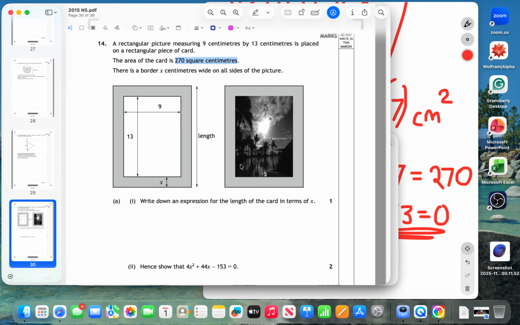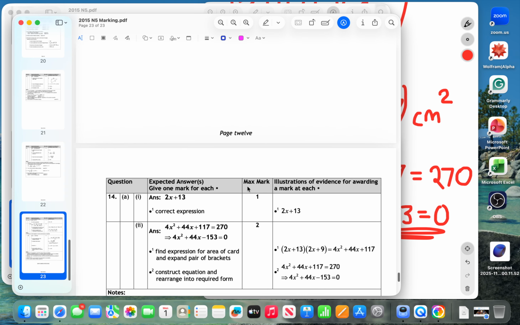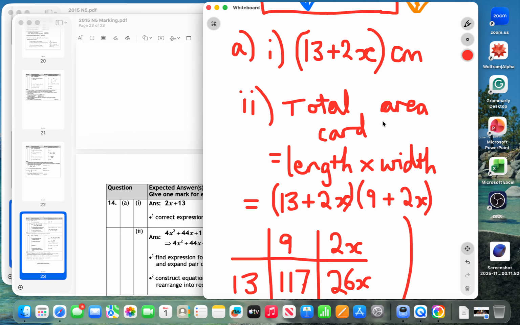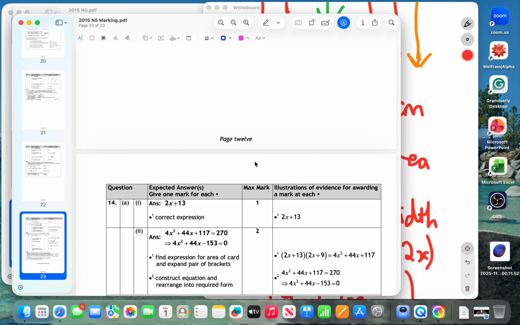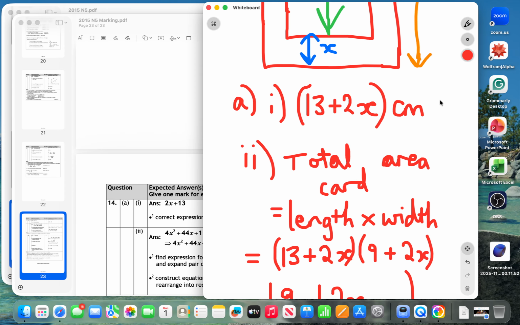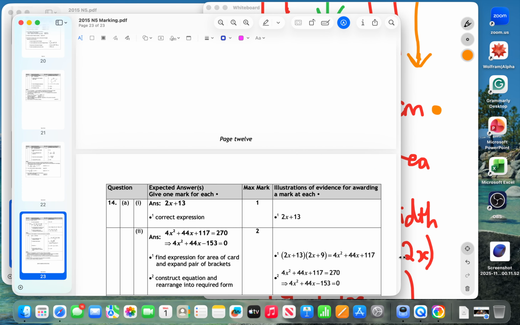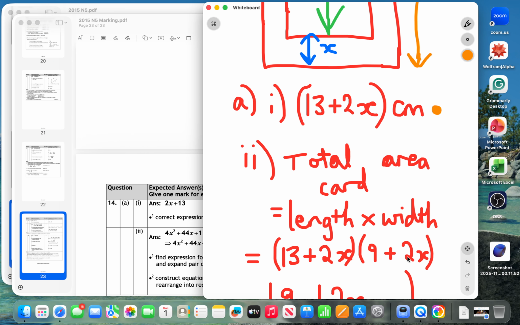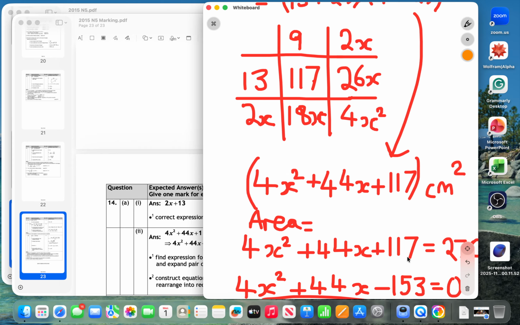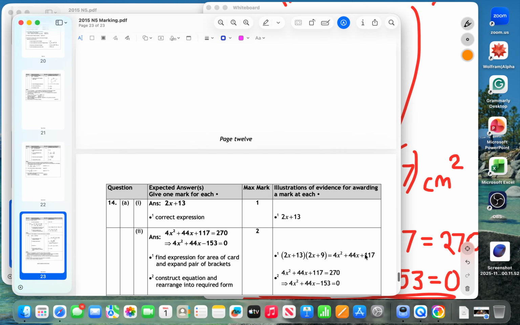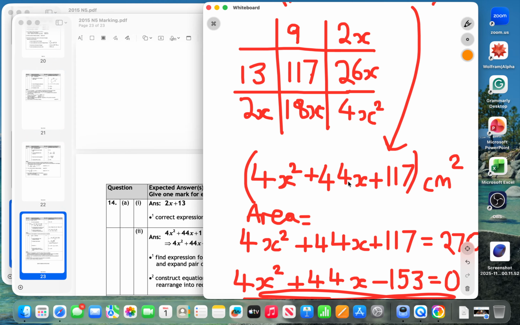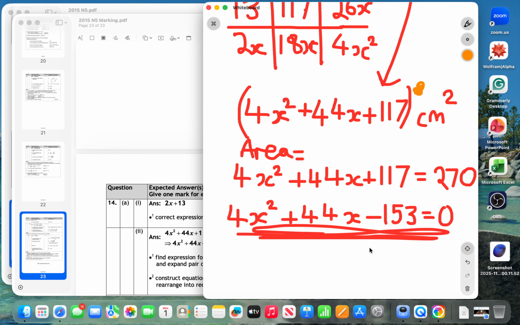Let's have a look at how the SQA would mark this one. There's little room for negotiation on AI. That's 1 mark, and it's just write it down. The first mark of II would be given for 4x squared plus 44x plus 117.